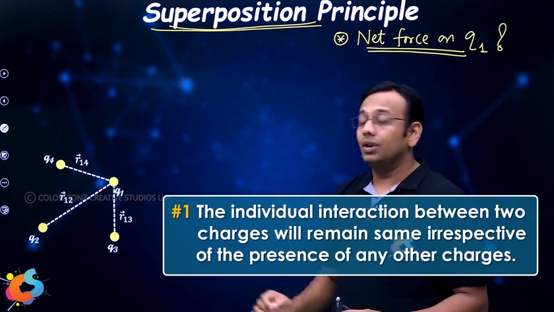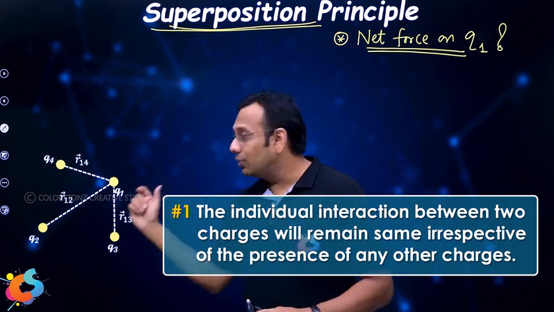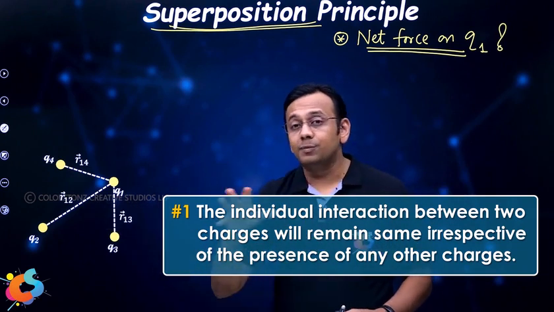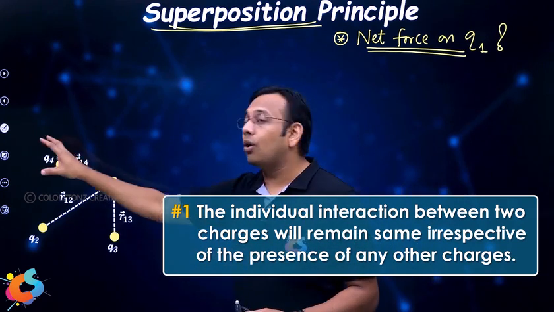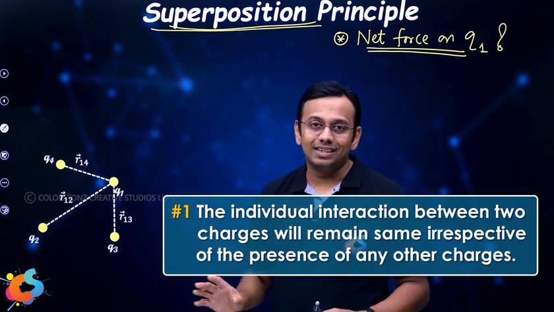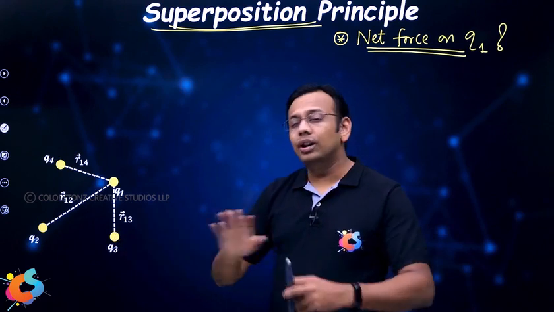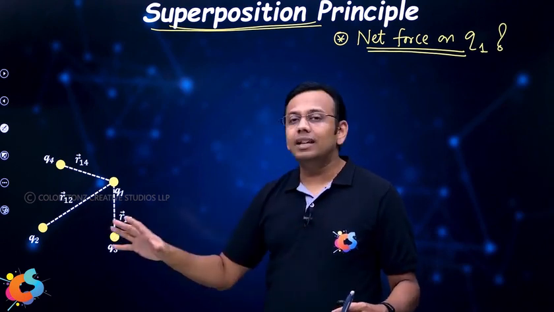Let me say it once again. The interaction between a pair of charges will remain the same irrespective of the presence of any other charges. That means the force between Q1 and Q2 will remain the same whether there is any other charge present here or not.